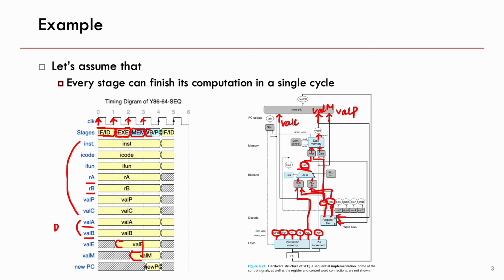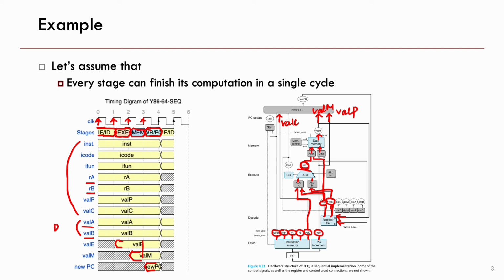So that's why we can start both write back and PC update at cycle 3. At cycle 3 it will output the new PC to fetch the next instruction.